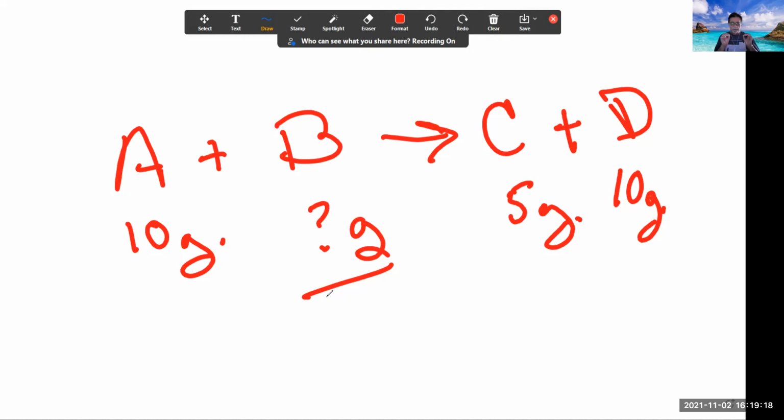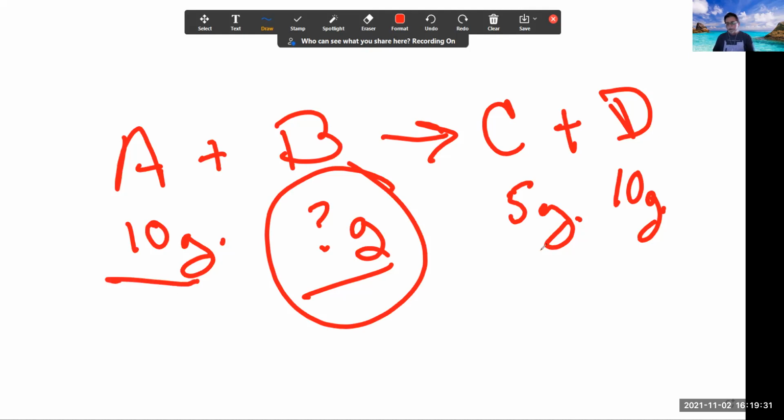Keeping in mind conservation of mass. Who can tell me what this magical number is based on what I gave you here? 10 grams of A, 5 grams of B, 10 grams of D. Remember when we were balancing equations, we had to keep track of all the atoms.